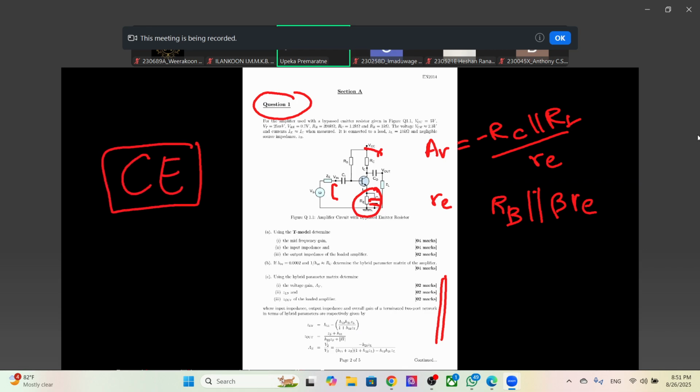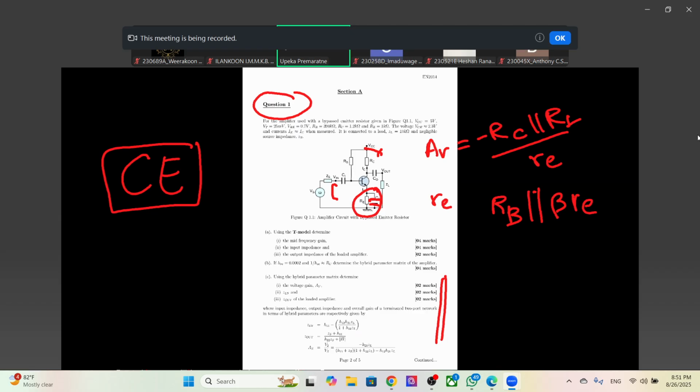And you recall there is a reason why we only do the frequency analysis for the common emitter amplifier. That is because we can easily get rid of the base collector parasitic capacitance using the Miller theorem. So don't worry too much about the frequency analysis of the other two. We will focus on the common emitter only.